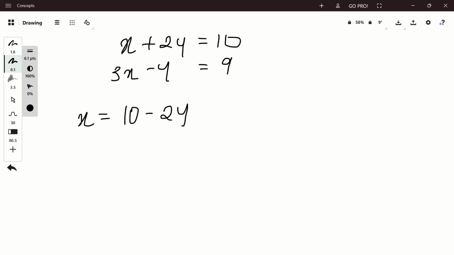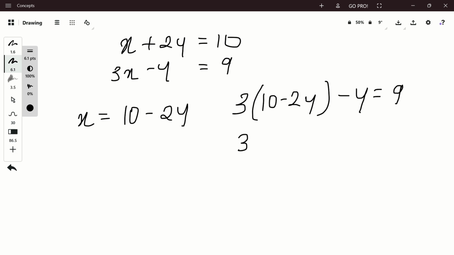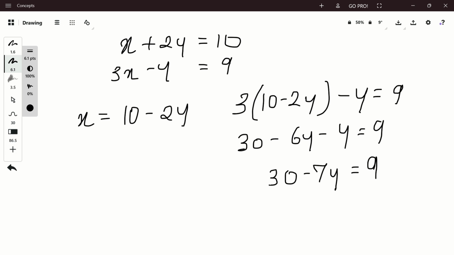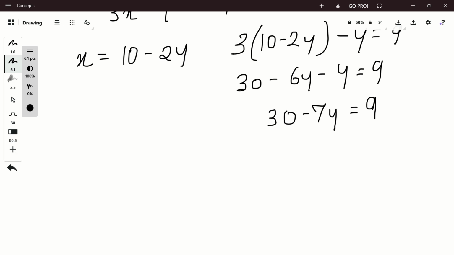Substituting this into the second equation, we have 3 (10 minus 2y) minus y is equal to 9. That is 30 minus 6y minus y is equal to 9. That is 30 minus 7y is equal to 9. Now solving for y, we have y is equal to 21 upon 7, which is equal to 3.